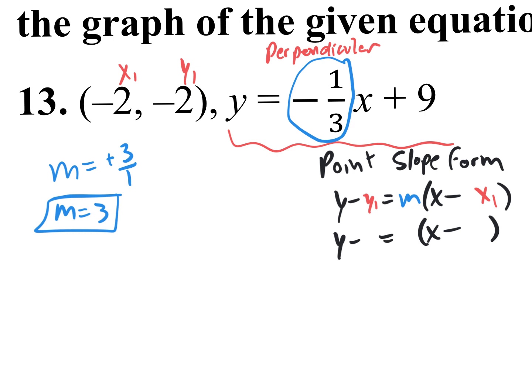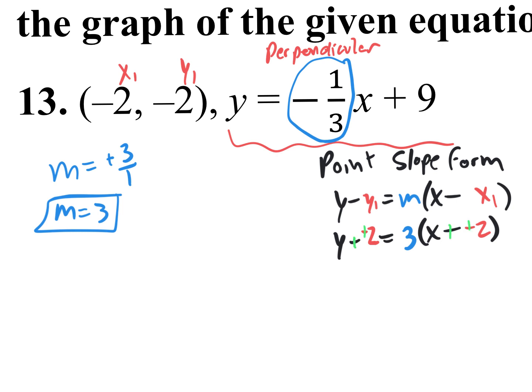That way I can easily plug in my y1 value right there, which happens to be negative 2. Our m value, which happens to be 3, right there. How do we get this m? By knowing that it's perpendicular to this guy. So you changed it and flipped it, and positive 3 is our slope. And our x1 value is also negative 2, so plug in that negative 2 right there. Those minuses change to plus.